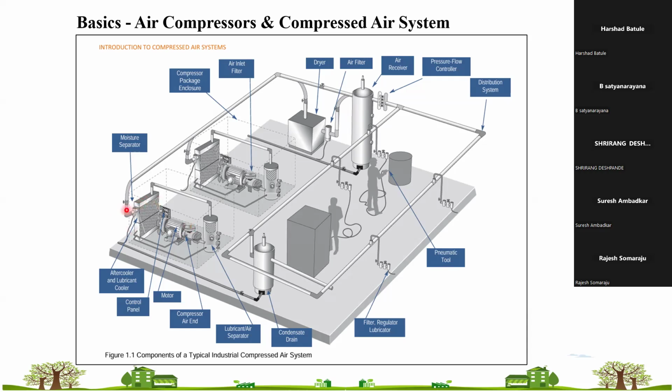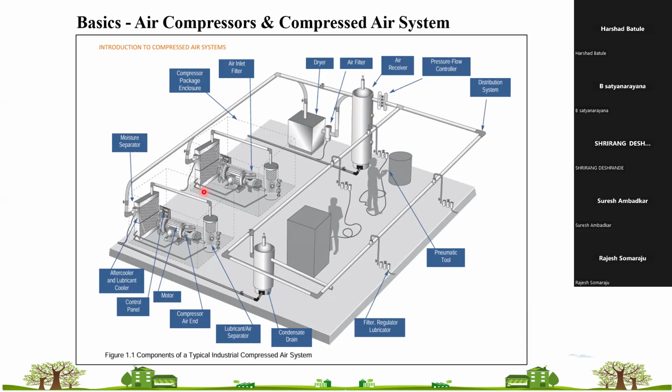In this scenario, we know the initial pressure, we know the final pressure, and we know the distribution volume. Let's assume your receiver is 10 meter cube and your distribution volume is 1 meter cube, so your total volume is 11 meter cube. 7 is your final pressure, 0 is your starting pressure, absolute pressure is 1.03: 7 minus 0 divided by 1.03, into 11 as your volume, and the time taken was 5 minutes.